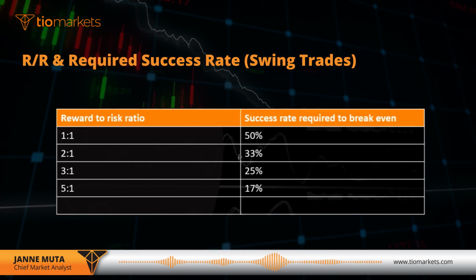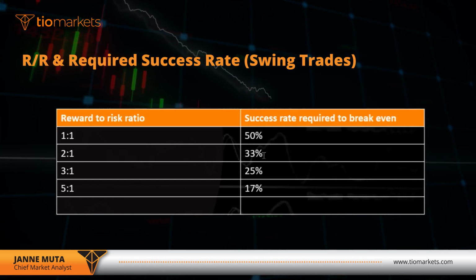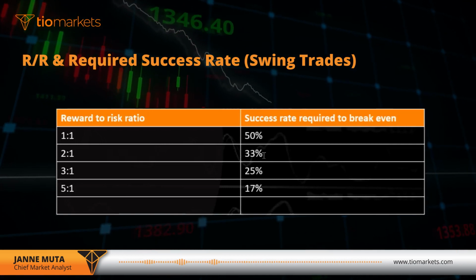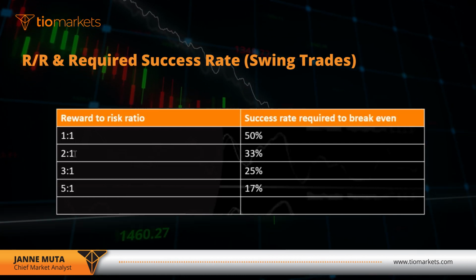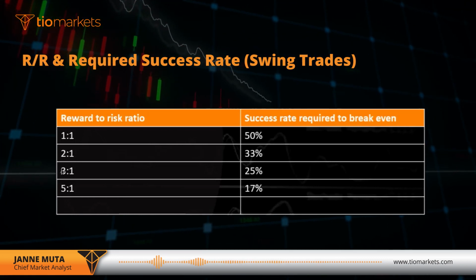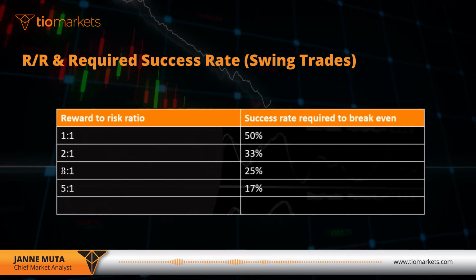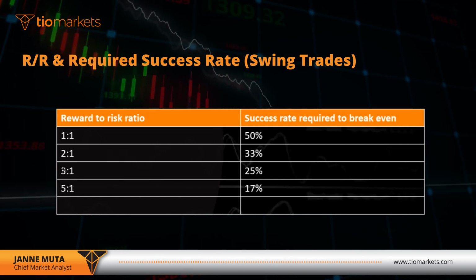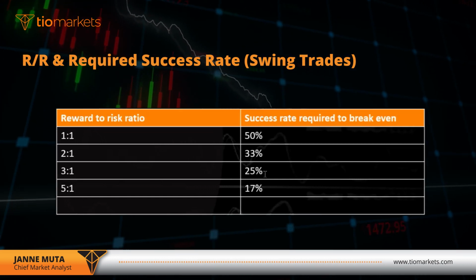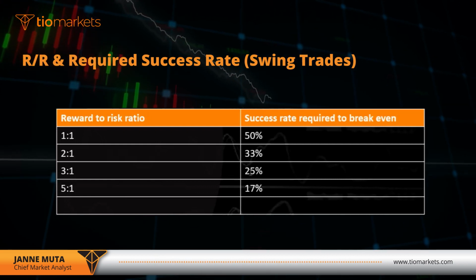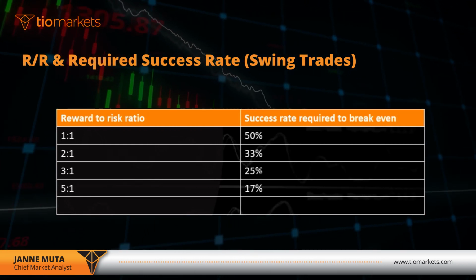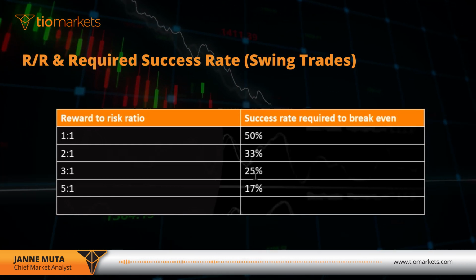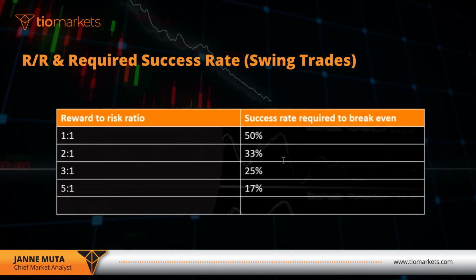So at 34% success rate, you are already a profitable trader with a reward to risk ratio of 2 to 1. If you have the reward to risk ratio of 3 to 1, then you only have to be profitable 26% of the time and you're making money. So that's something that you really have to pay attention to and think this through.